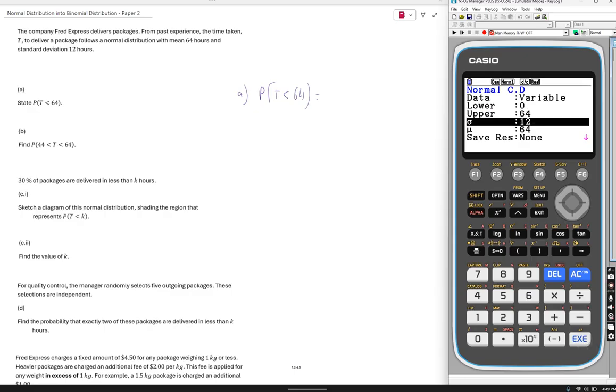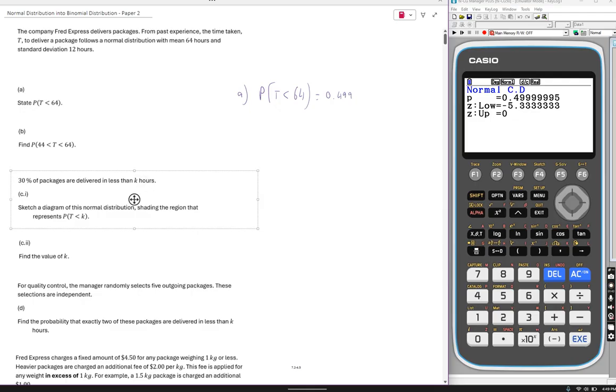This one here is the standard deviation of 12 and the mean of 64. Press equals and we get 0.499, which equals 0.5. That is for part A.